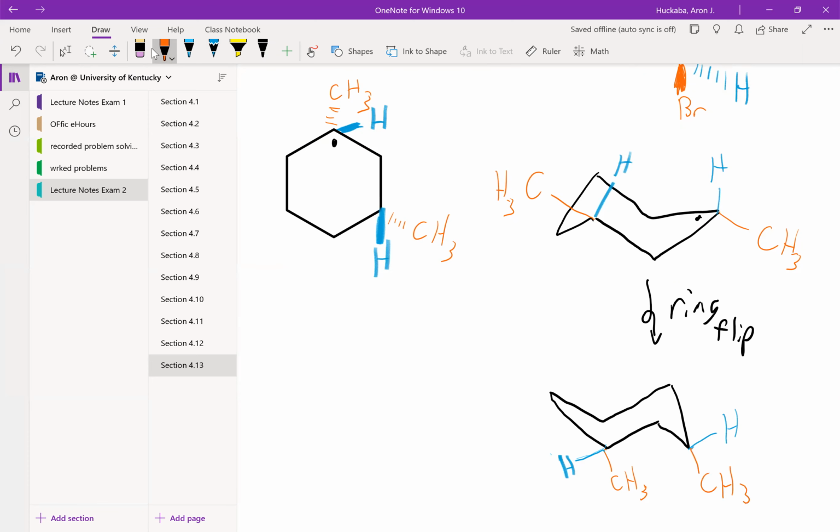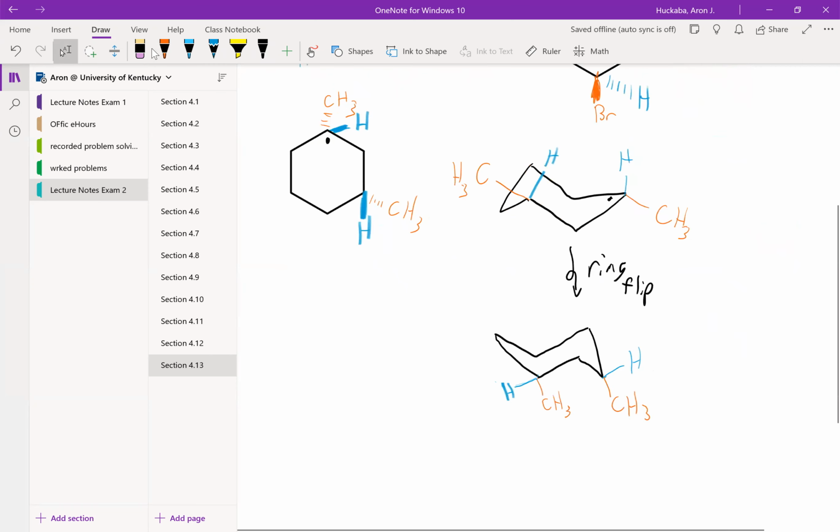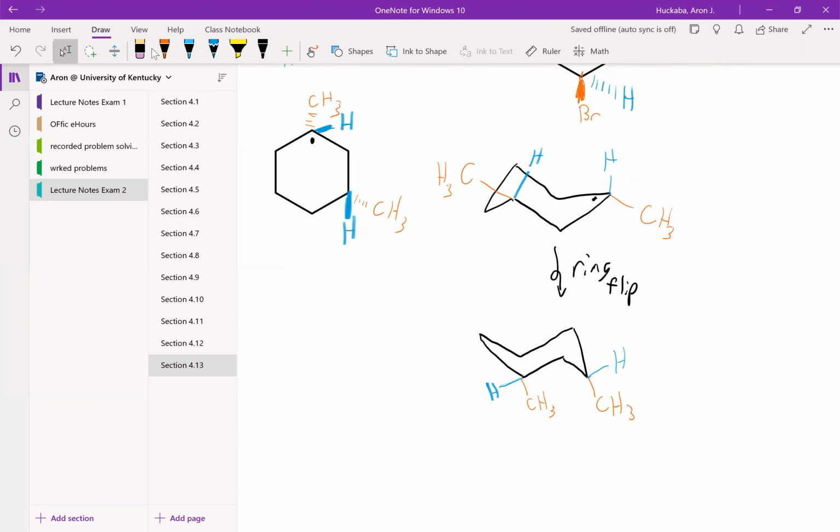And hopefully in your mind now, this is triggering alarm bells, thinking about the energy inherent to these two molecules. The cyclohexane chair conformation on the bottom is very different than the one on the top, right? Because as we learned in our previous chapters or sections on cyclohexane, there is a significant strain interaction between these two axial substituents that are present at the 1 and 3 positions of a cyclohexane, right?